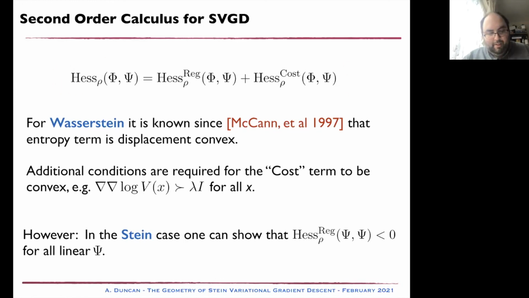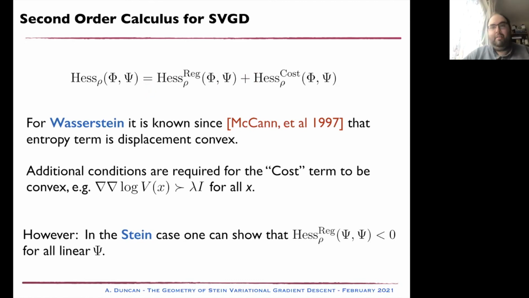This condition here is, for example, what's known as the Bakry-Emery criterion, which gives you exponential rate of convergence. However, in the Stein case, we had bad news. This can actively be negative. In fact, you can easily come up with directions in which this is very negative.